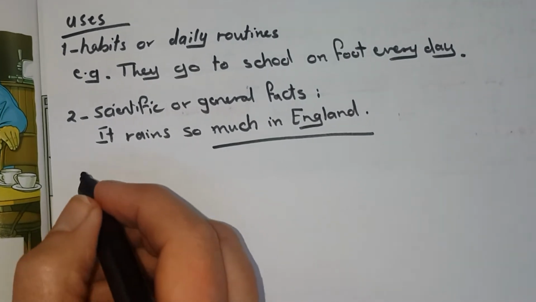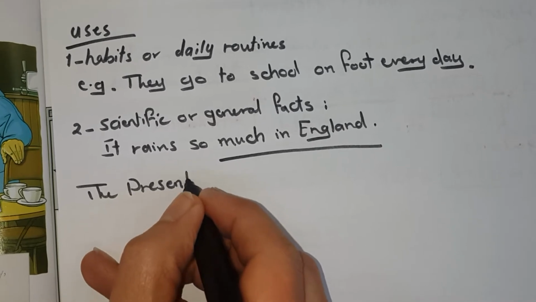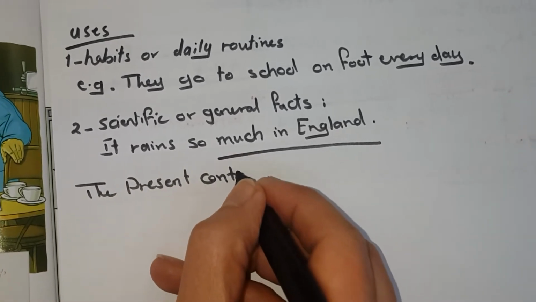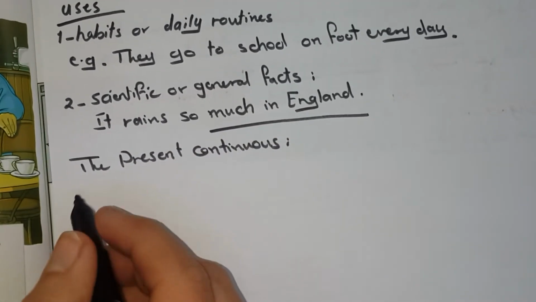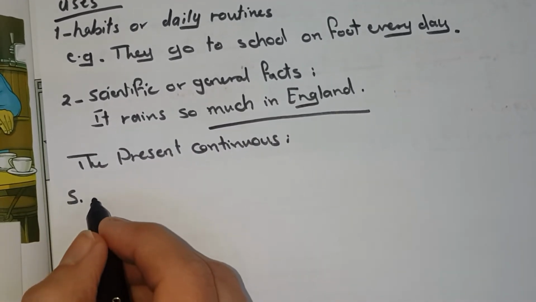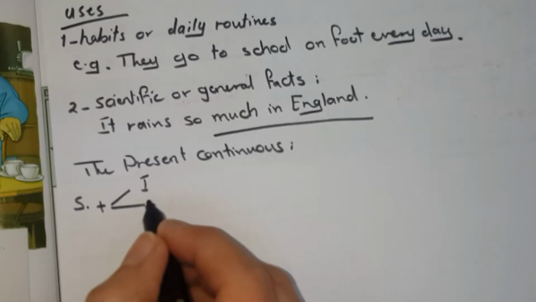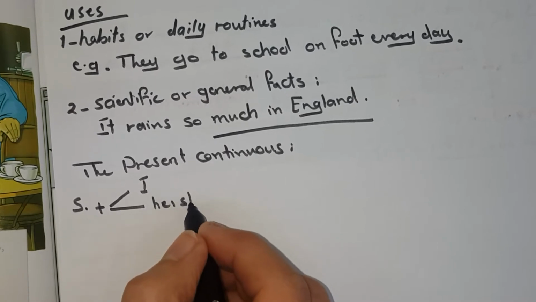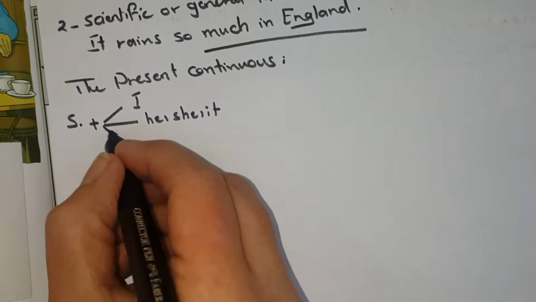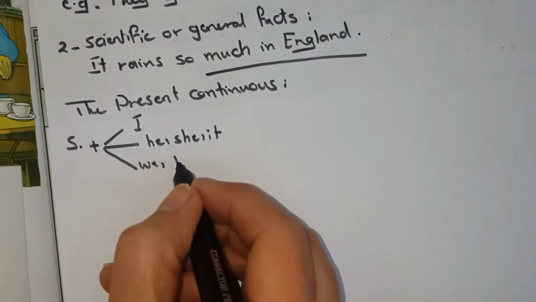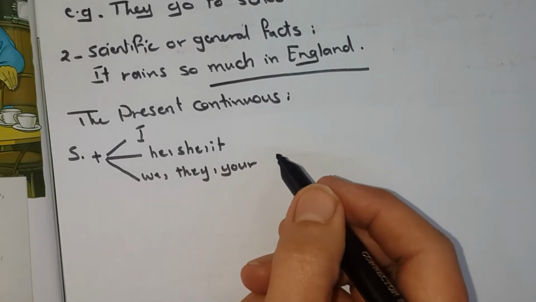Now we will talk about the present continuous. Any sentence with the present continuous starts with a subject, and the subject is either I, he, she, it, or any singular noun, we, they, you, or any plural noun.